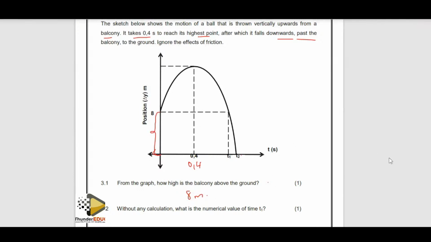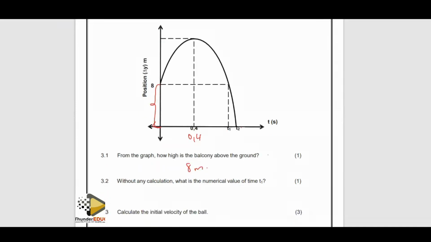And then 3.2, without any calculation, what is the numerical value of T1? T1, somebody? Remember, this is more like a parabola. And this 0.4, where the time is at the maximum, or the velocity is 0, that is the maximum height.